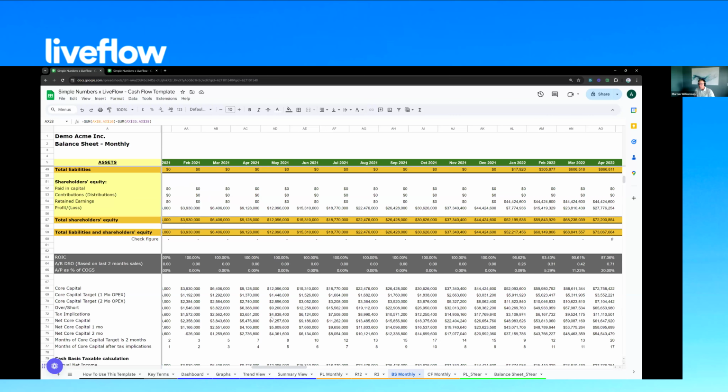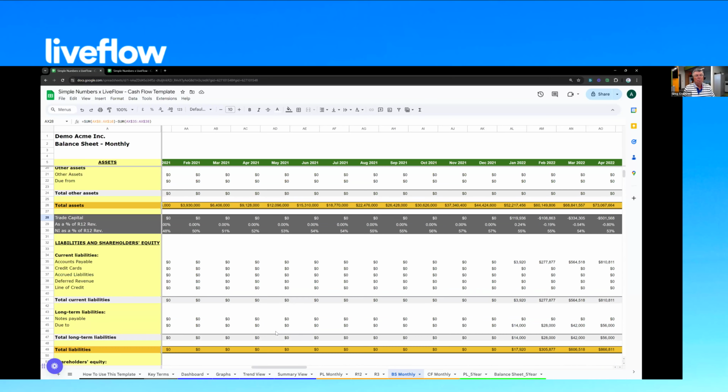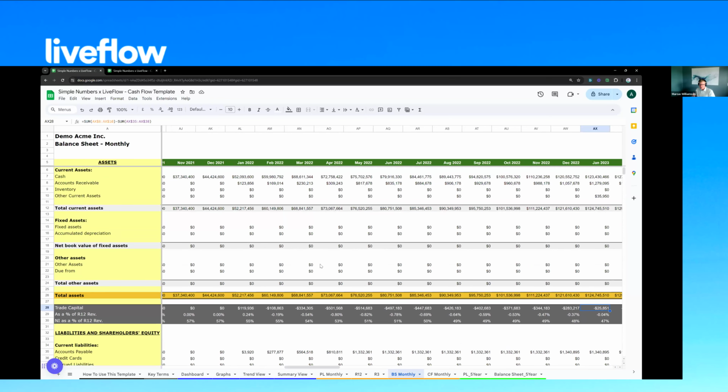Now, when we're looking at trade capital, on the other hand, we're not really looking at the cash when we're considering that. I like to think of it as, are we doing a good job of borrowing from our customers and vendors in the form of, can we get deposits? Can we defer some payments and have accounts payable?